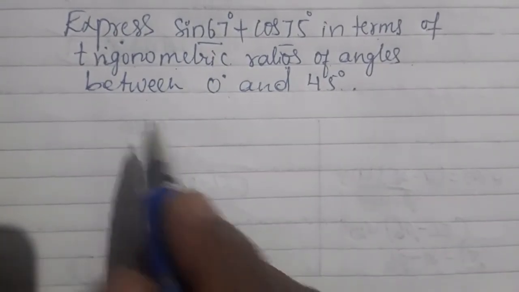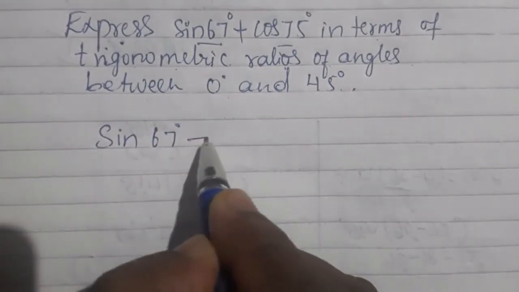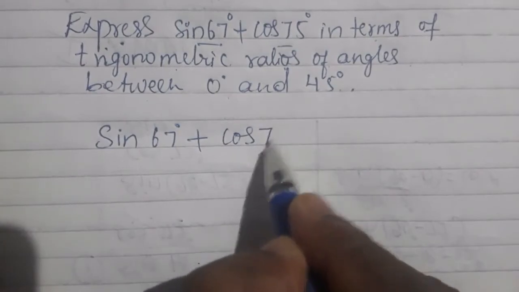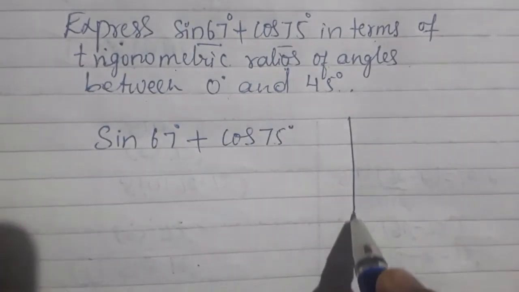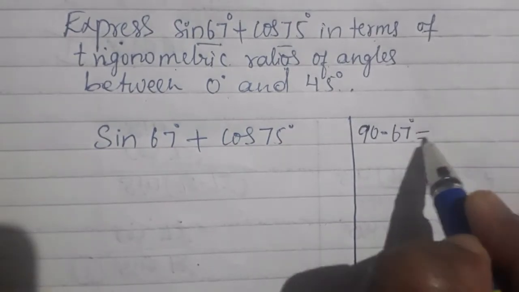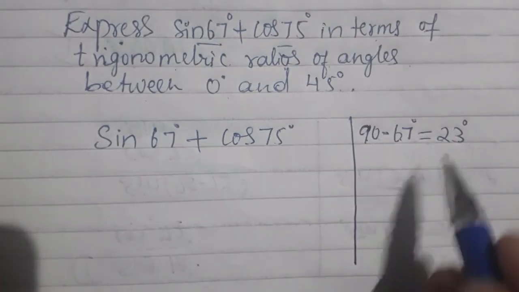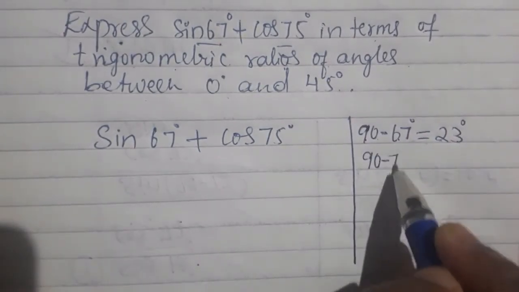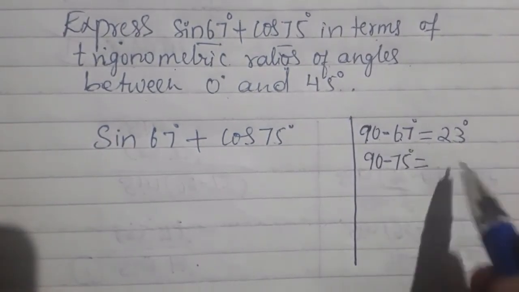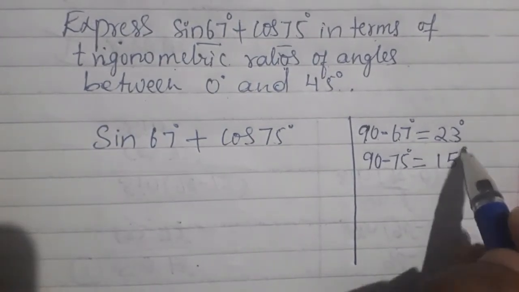So now here we'll take the question: sine 67 degree plus cos 75 degree. Now you check here. 90 minus 67 degree gives you 23 degree. 10 minus 7 is 3, 8 minus 6 is 2. 90 minus 75 degree gives you 15: 10 minus 5 is 5, 8 minus 7 is 1.